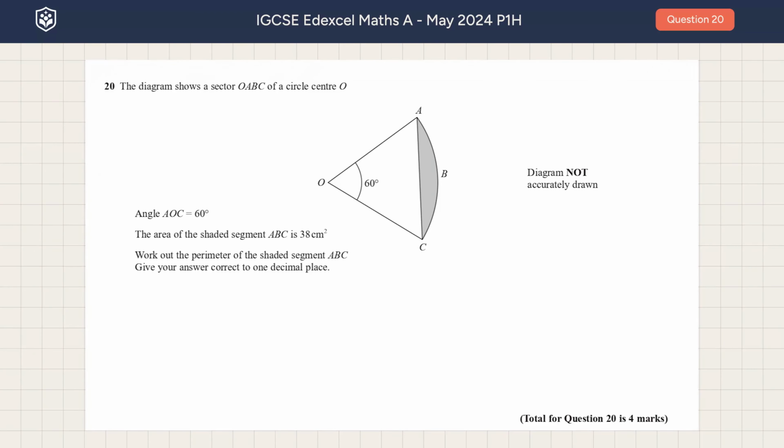Moving on to question 20, which shows a sector OABC of a circle center O. Angle AOC is 60 degrees, and the area of the shaded segment ABC is 38 centimeters squared. We are asked to work out the perimeter of the shaded segment ABC.